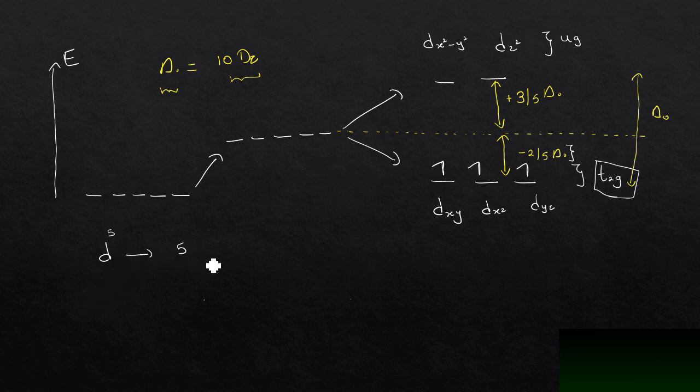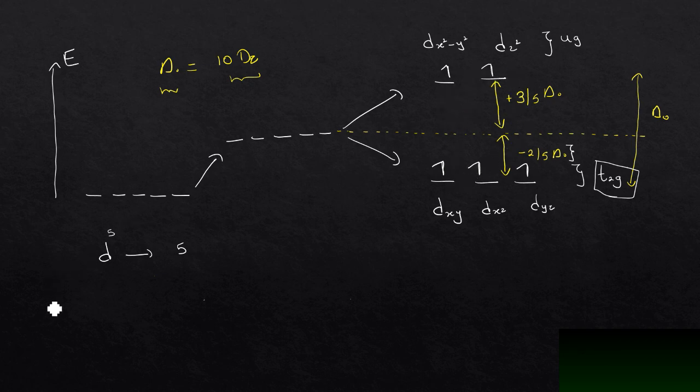So there are 5 electrons to put here, 1, 2, 3. Let's put the other two here. There is a possibility that we can put these 2 electrons into the lower level too, like so. We will talk about that point in the next video. For now, let's consider a situation like this.